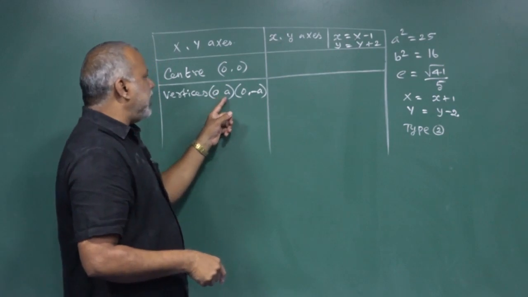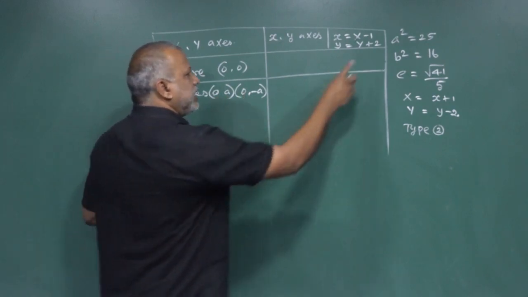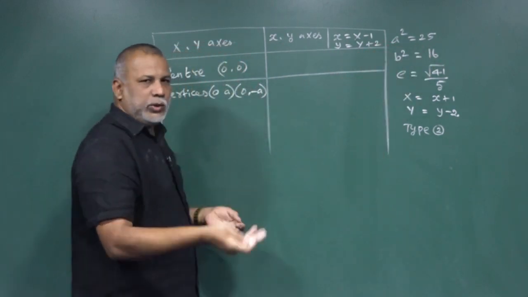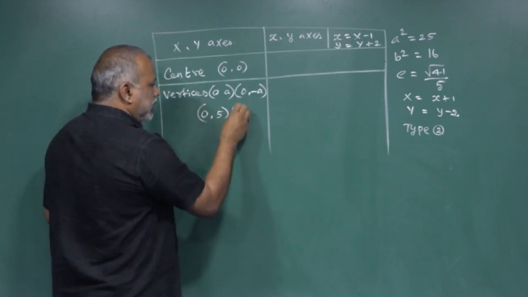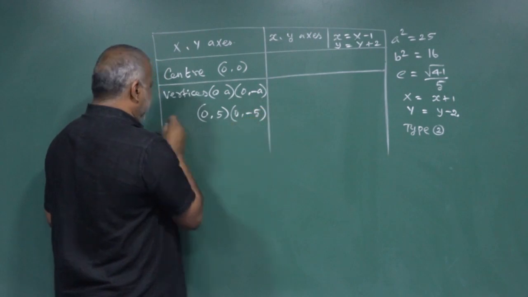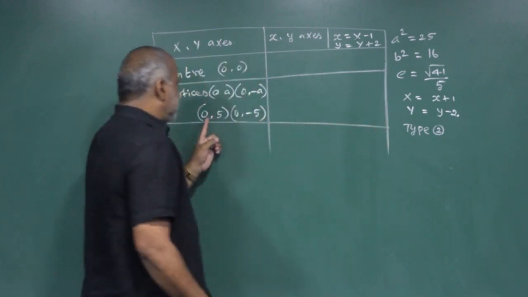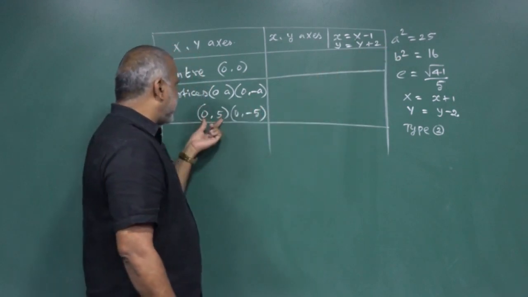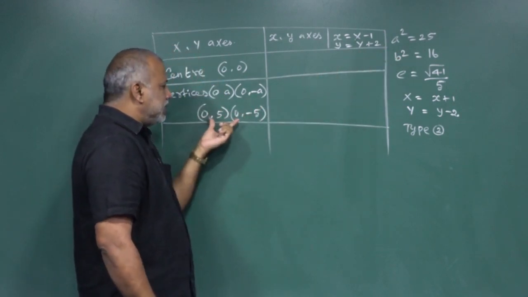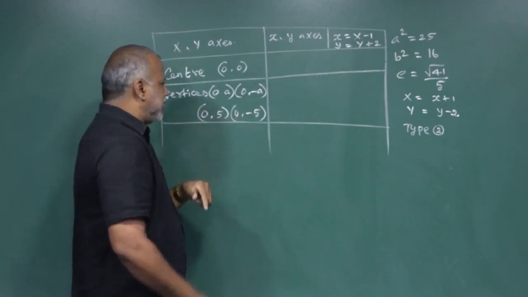Therefore (0, a), (0, minus a). See here, a squared equal to 25, so a is 5. Substitute: (0, 5) and (0, minus 5).